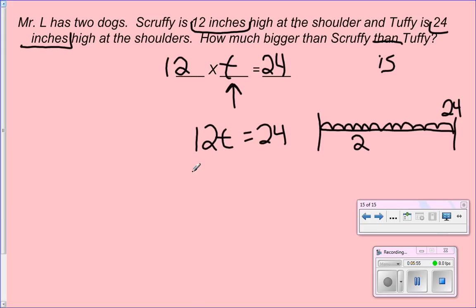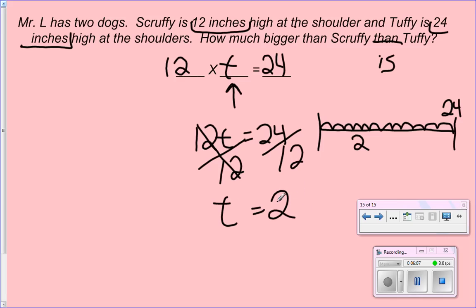And if I want to use a canceling method, I'm going to divide each side by 12, because there are 12 of some number in 24, and I end up with 2. So we now know that Tuffy is twice as big as Scruffy, but we have to make sure we set up that number sentence up here with the variable in this space, because we are talking about multiplying that one dog's height times 2.